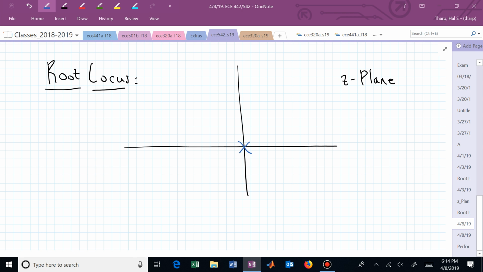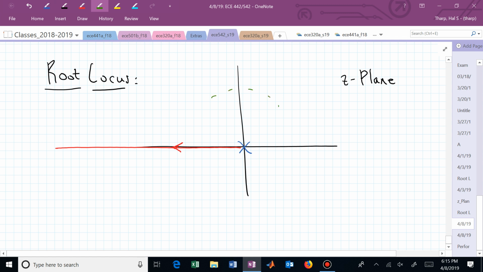No. What if I stand on the negative real line and look to my right? Then I do see an odd number of poles and zeros. I have one branch. I have a pole zero excess of 1. I'm going off to minus infinity as I crank up the gain K from 0 to infinity.